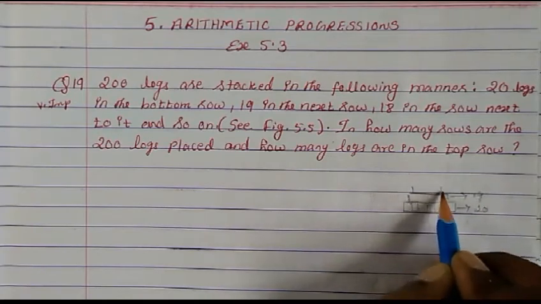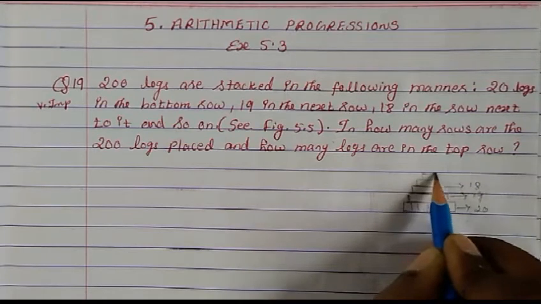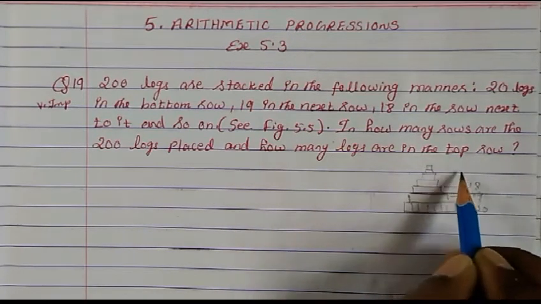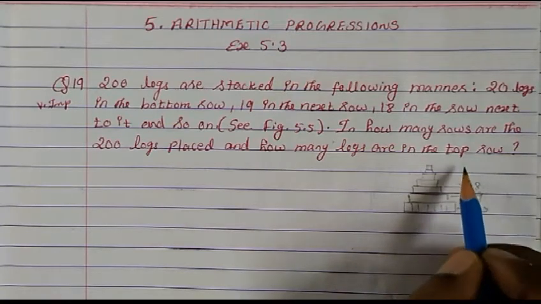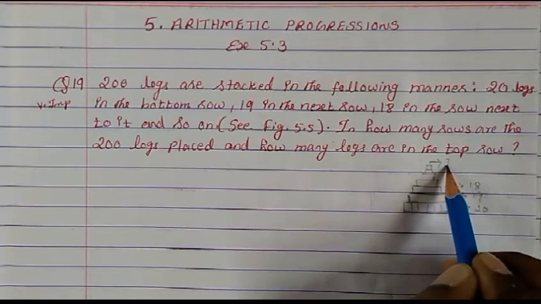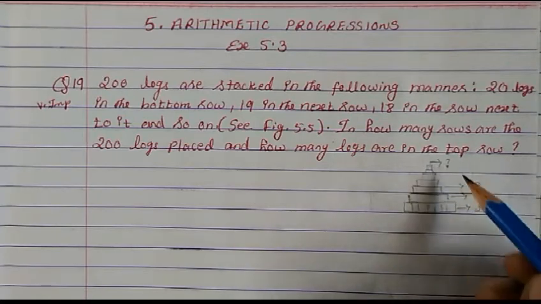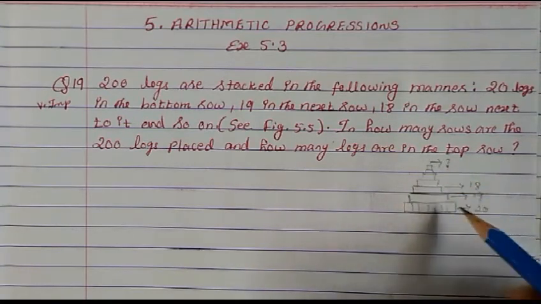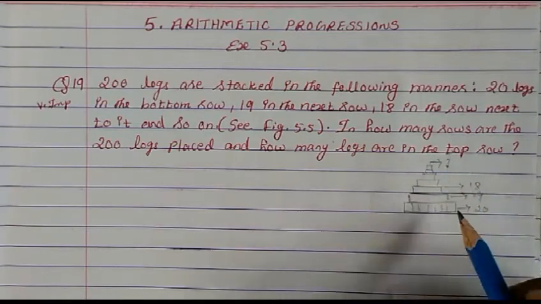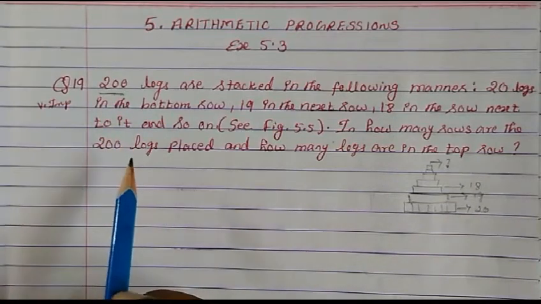Then up here it will be 18. So like that we have to go on, arranging in this manner: 18, then 17, 16, 15, 14. Finally on the top row, how many logs will come, that we have to find out. And then total how many rows will come, because we are starting from 20, then 19, then 18, for 200 logs. So that's what we have to find out.